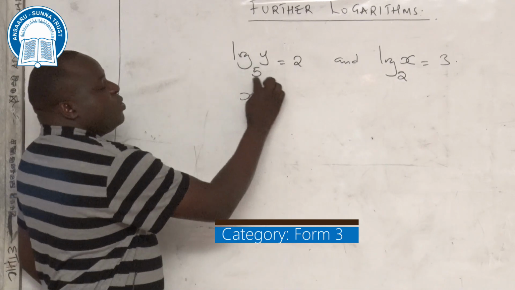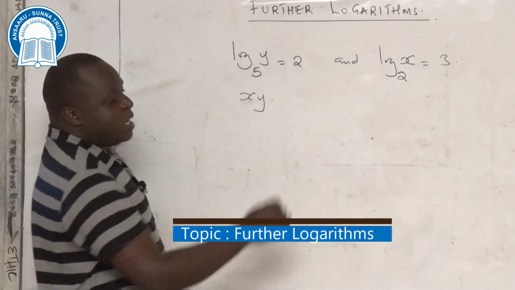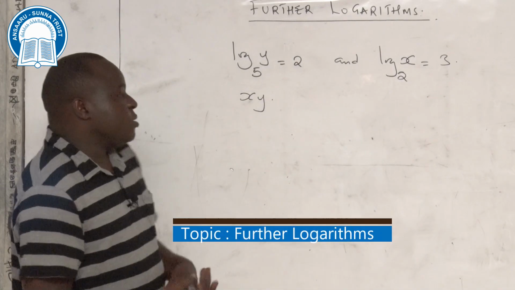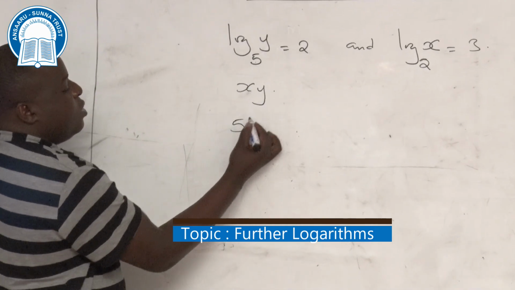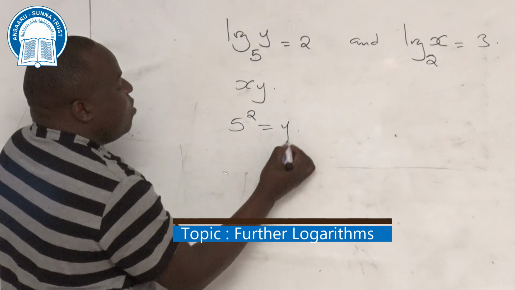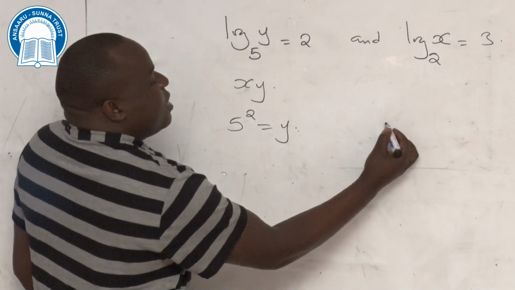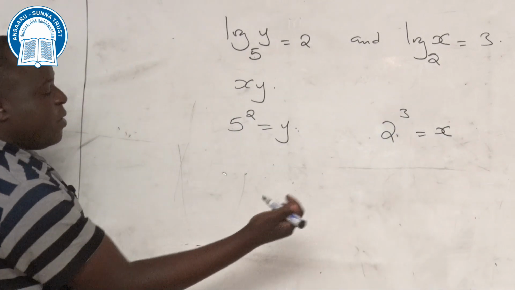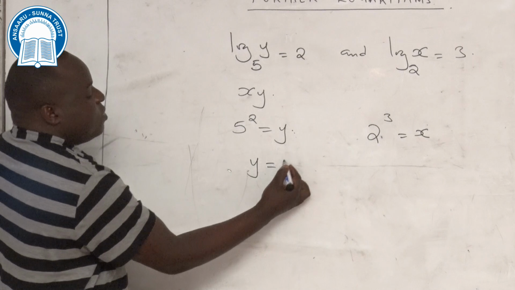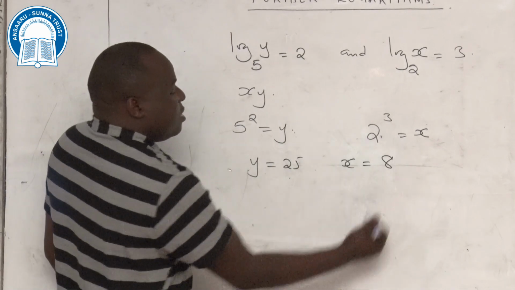What I need to do for each of these values is change from logarithmic notation to index notation. This will be the same as 5 raised to 2 equals y. And this statement would be the same as 2 raised to 3 equals x. Of course the value of y equals 25 and the value of x equals 8.